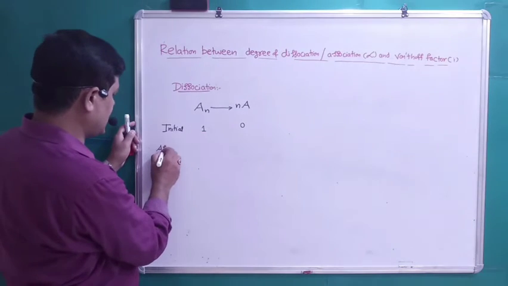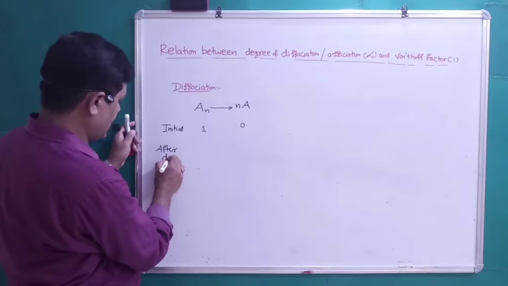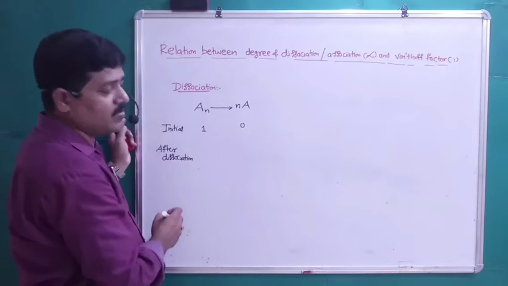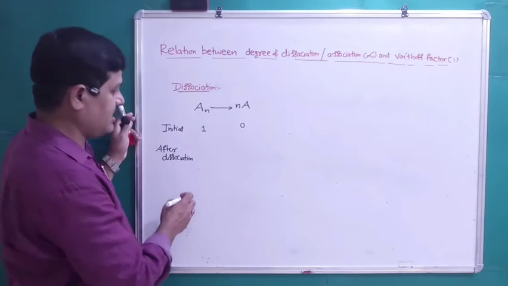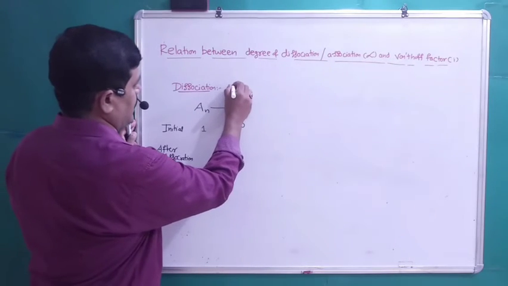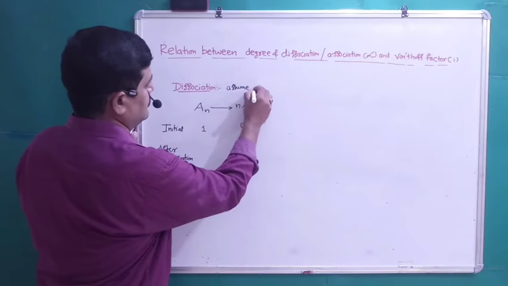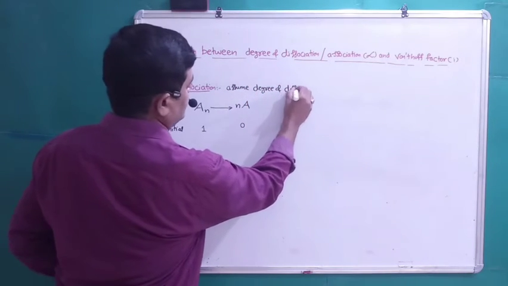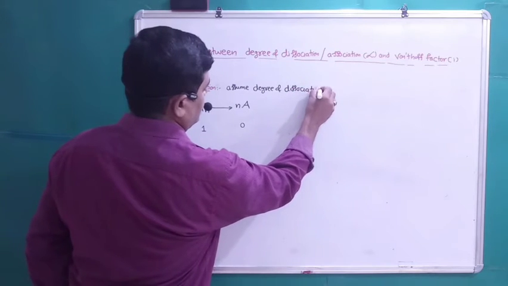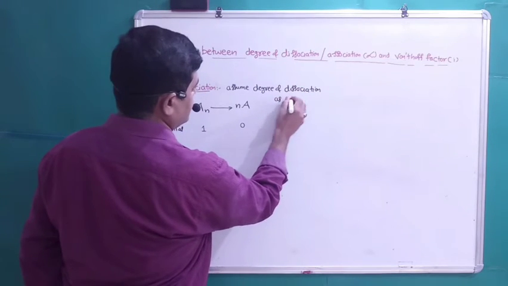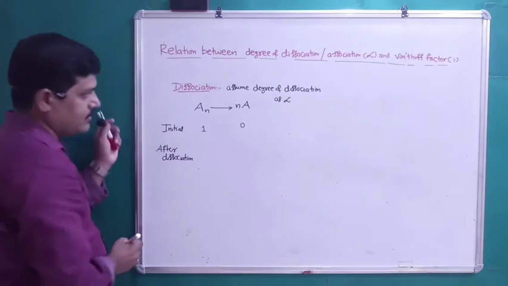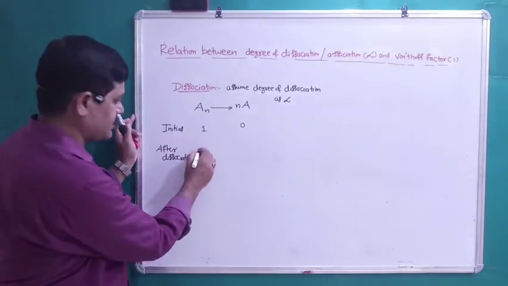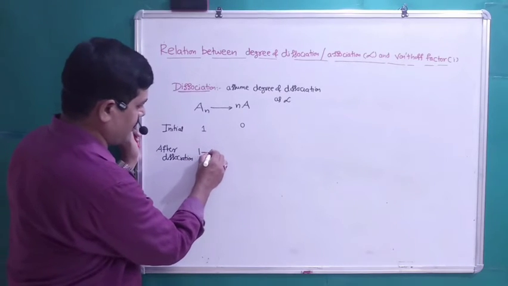After dissociation, when we assume the degree of dissociation as alpha, the number of moles of A_n after dissociation is 1 minus alpha.